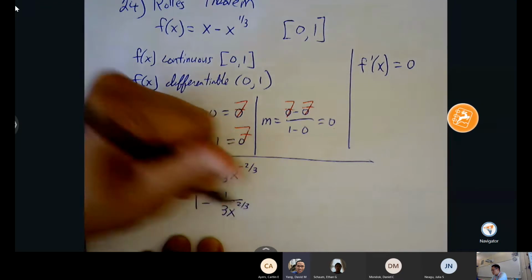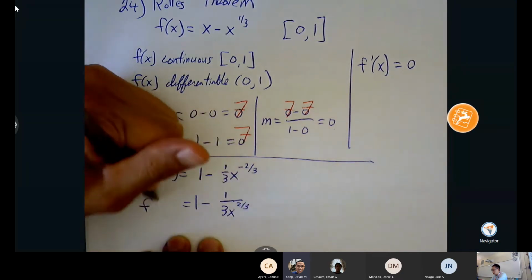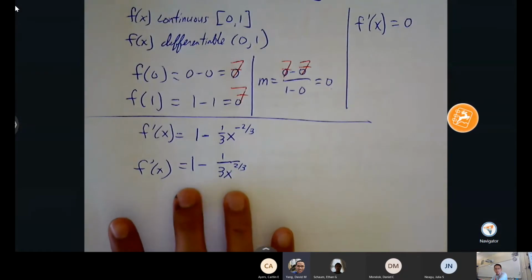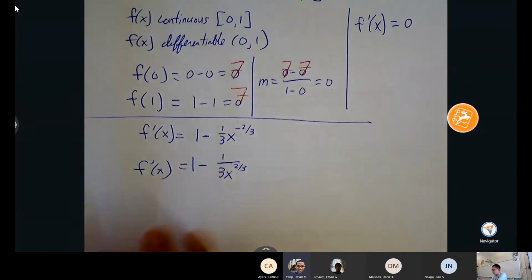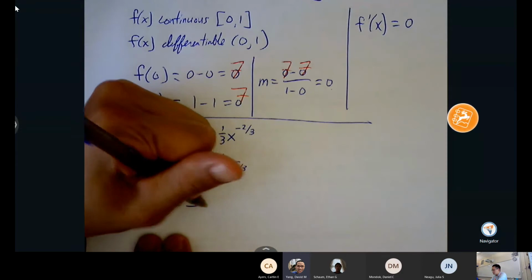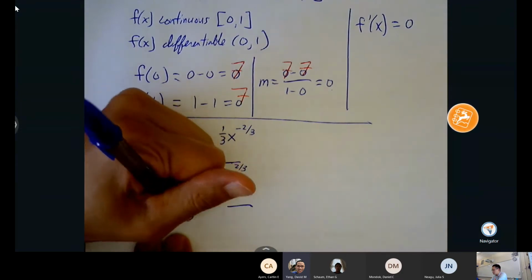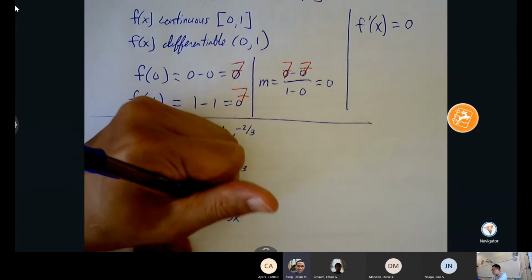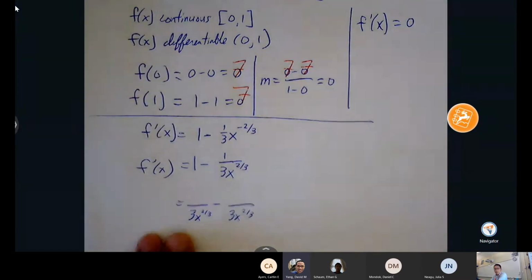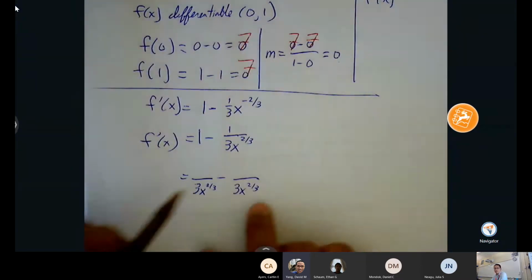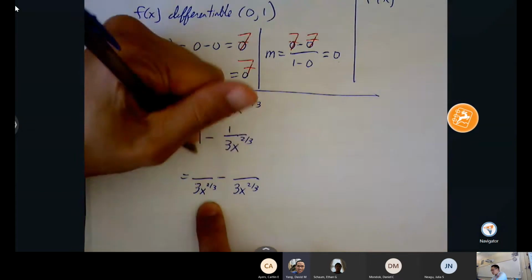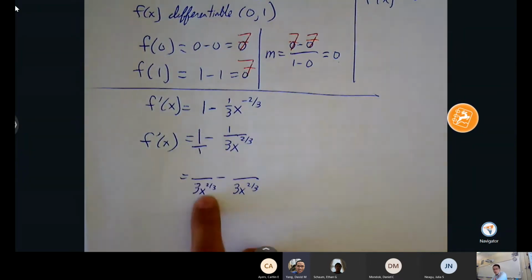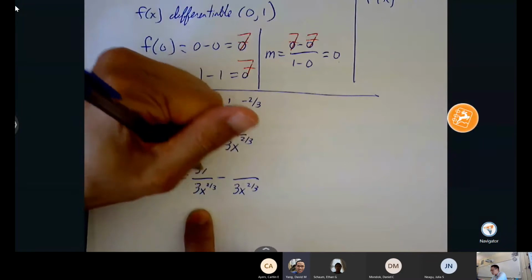Now this one's a little messier because we probably need to get this down to 1 fraction before we can look at the numerator of the f prime. So let's find common denominators. Balance each of the fractions. This one is completely missing anything in the denominator, so I need to balance this with 3x to the 2/3.